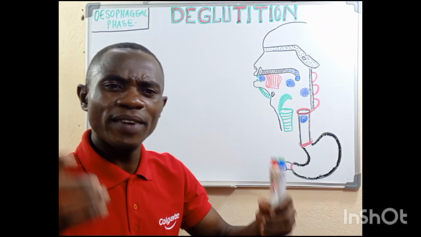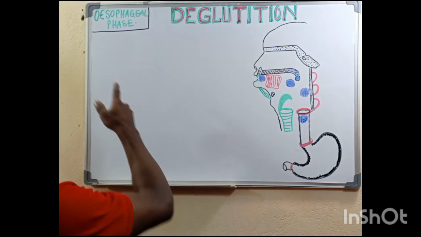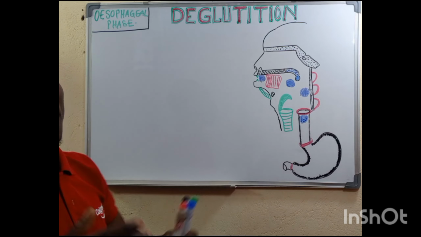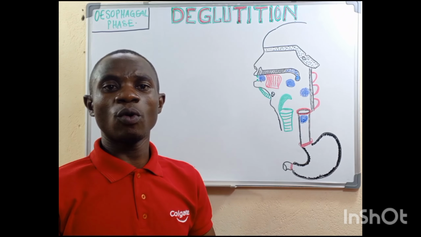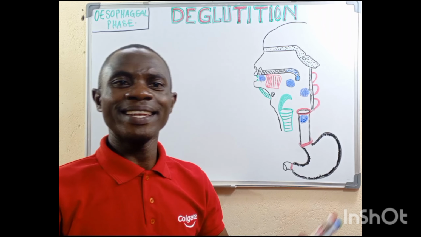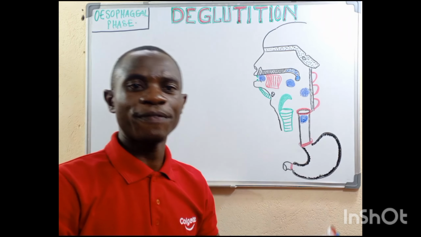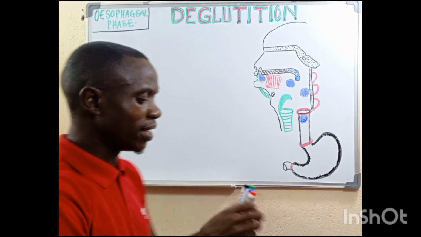The first key important thing in the esophageal phase is that this phase is also under autonomic nervous control. In that way, we say that this phase is also under involuntary control.